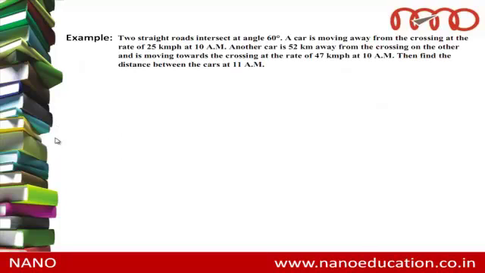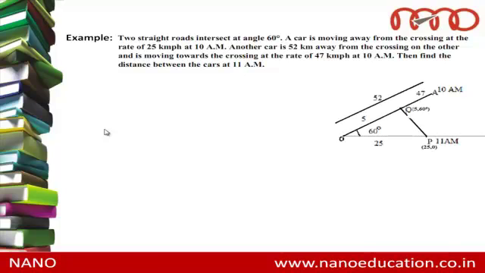There are two straight roads OA and OP intersecting at an angle of 60 degrees. A car is moving away from the crossing at a rate of 25 kmph at 10 am. At 10 am there is a car at O and it is moving away from O at a speed of 25 km per hour.